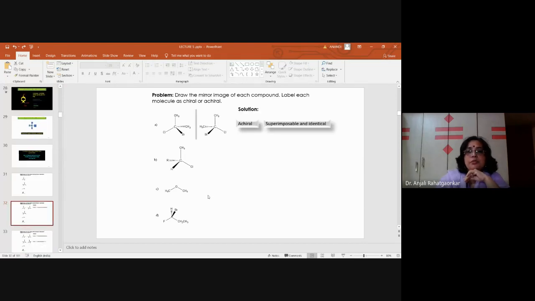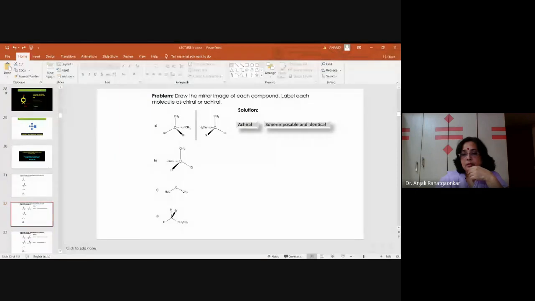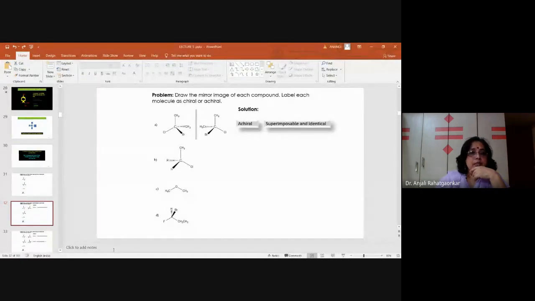So this is the first answer. This is achiral because we got superimposable and identical. How many got it right? Then moving to the next.